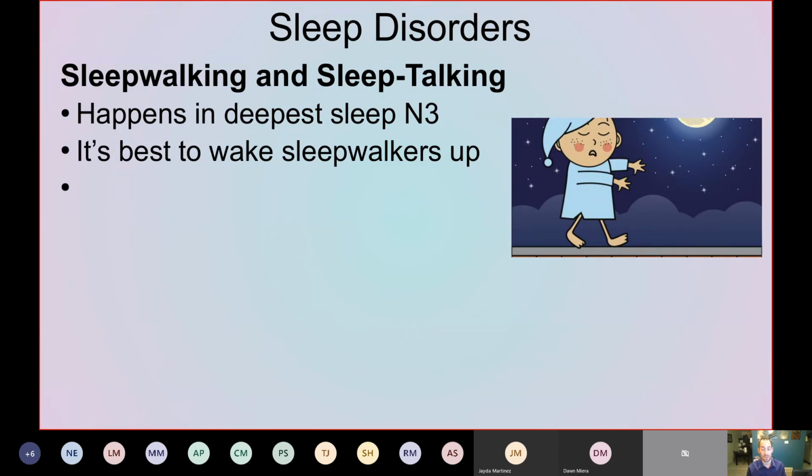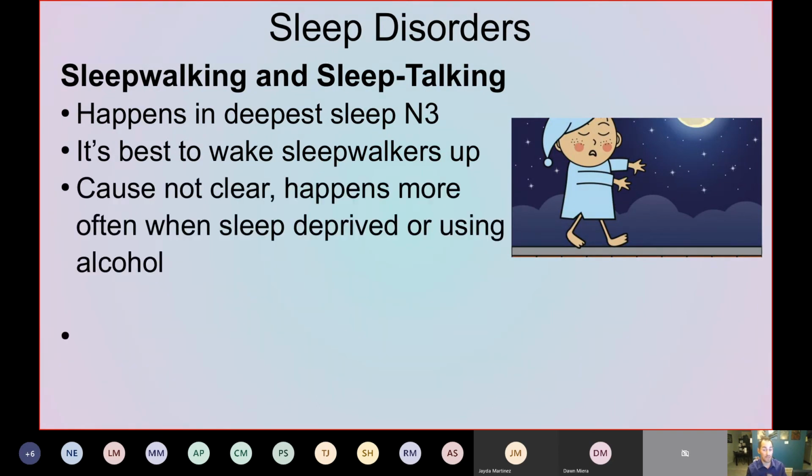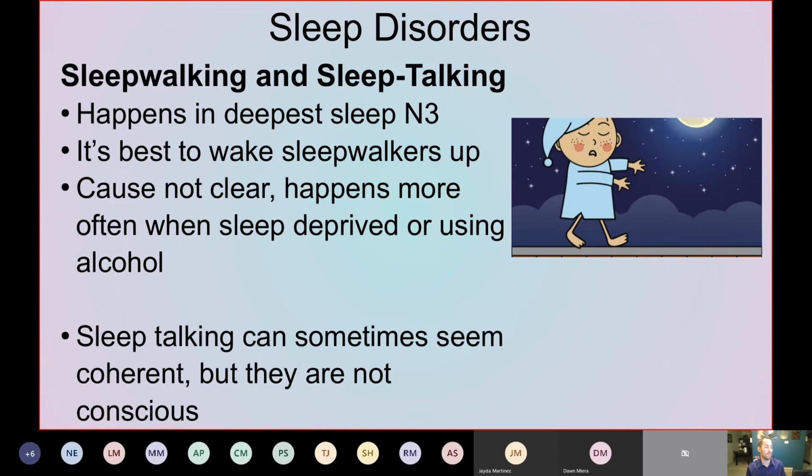So it is best to wake sleepwalkers up. Because they're in N3 sleep, they're going to be disoriented, confused, maybe even angry. It does seem to happen more when you're sleep deprived or using alcohol. Sleep talking can sometimes seem coherent even though they're in N3 sleep, but they're not conscious.